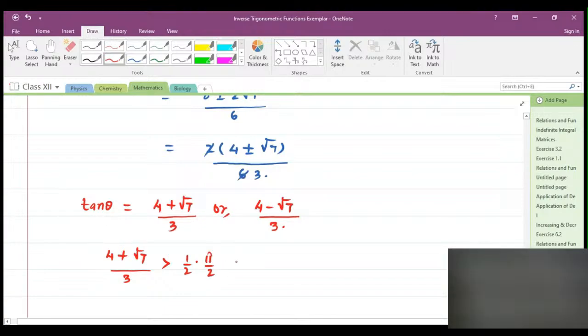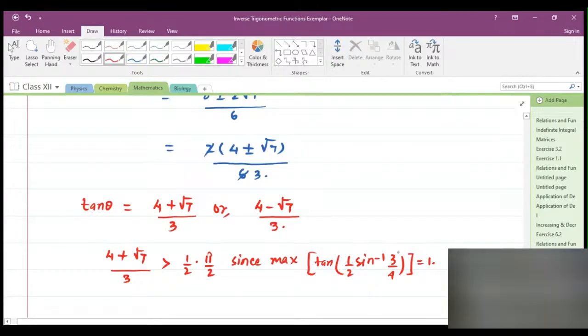since the maximum value of tan of 1 by 2 sine inverse 3 by 4 is equal to 1.